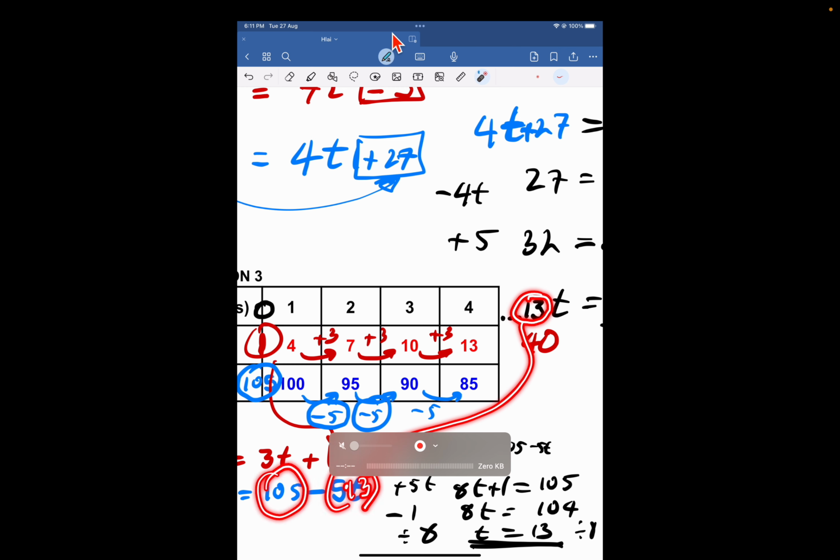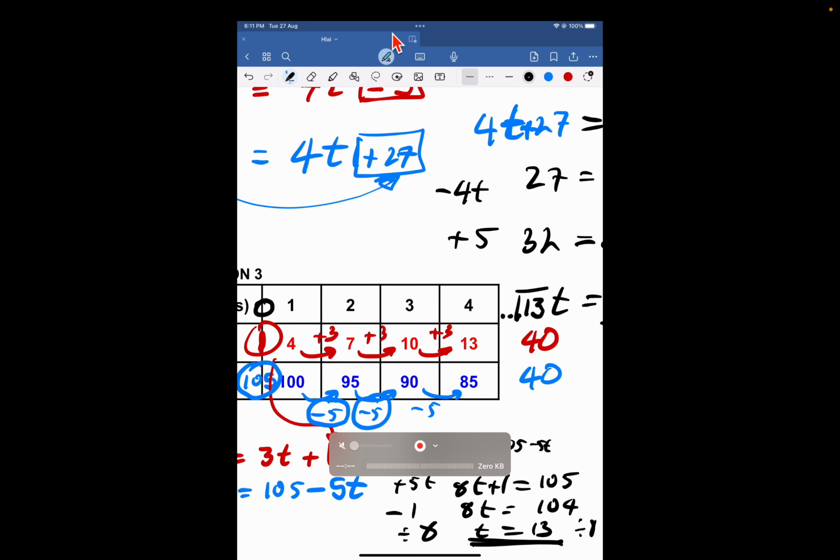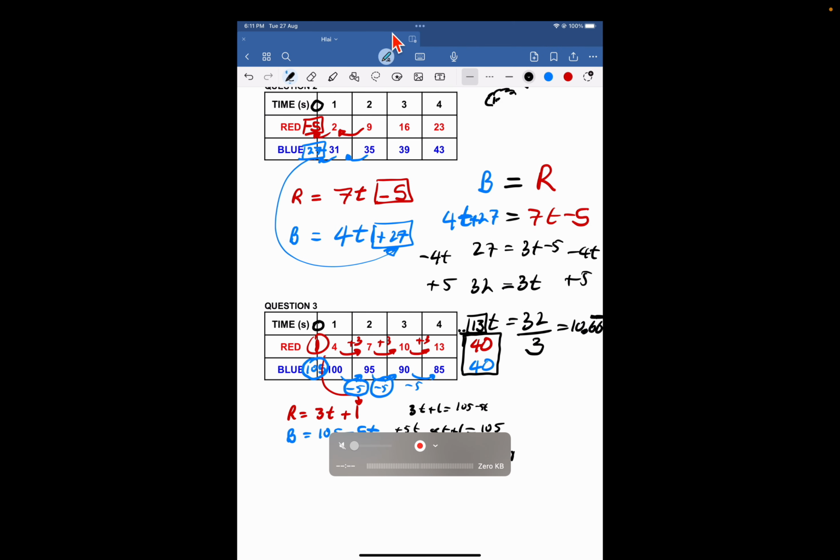And 105 minus 65 is also 40. Alright, so we've managed to find the right answer there. When t equals 13, we will have blue and red equaling the same amount, and they will flash up as 40 on the screen.